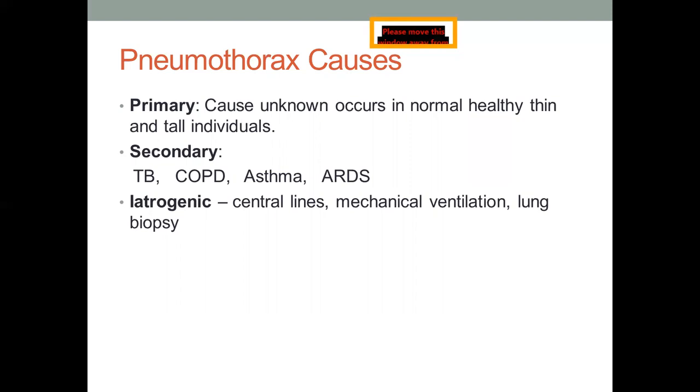Secondary pneumothorax is when the lung is damaged because of a previous disease, or the lung is compromised, like in TB or post-TB cases, in COPD, or in ARDS and chronic asthma.